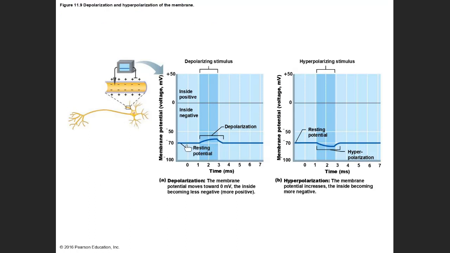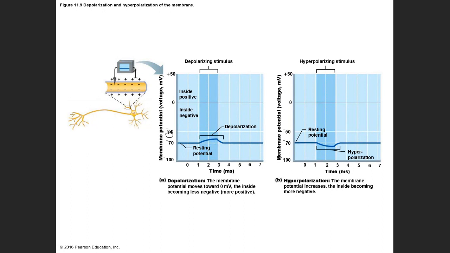On this illustration, we're seeing time on the bottom, and up here we're looking at membrane potential measured in millivolts. Negative 70 is your resting state, so this line will just be straight, level here. During depolarization, we're having sodium influx, and you will see an elevation in this line because we're going more positive.